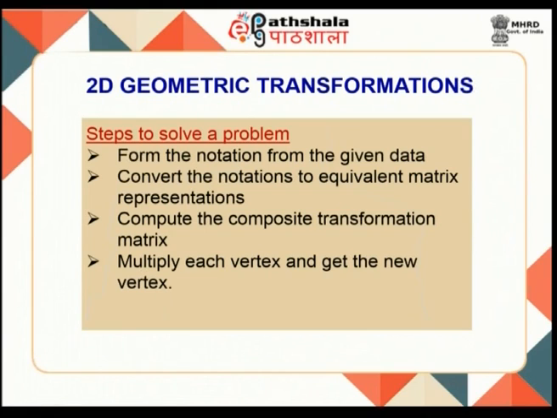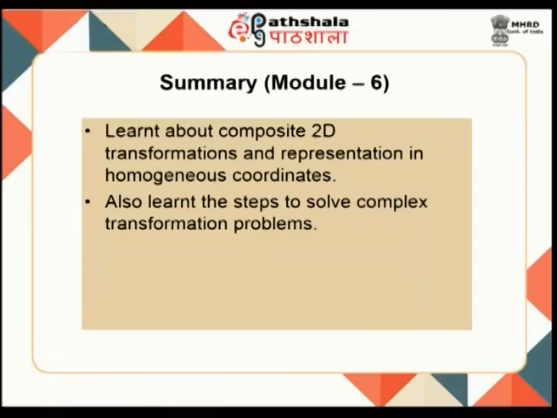So, now we have learned a simple sequence of steps to solve complex transformations: take a complex transformation, break it up into a series of simple transformations, multiply the simple transformations in the reverse order, get a composite matrix, and then take each vertex, multiply with the composite matrix, and get the new vertex. That is what we have learnt in this module.